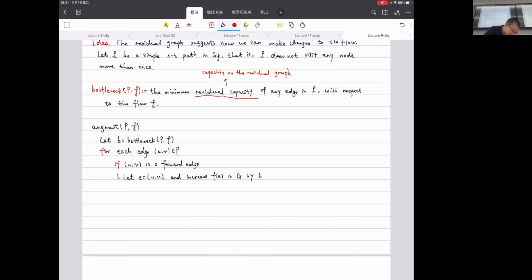And else, the else case is of course the case where your (u, v) is a backward edge.